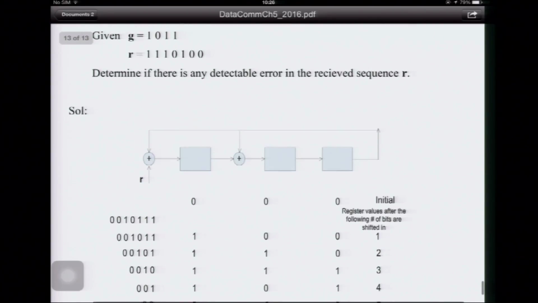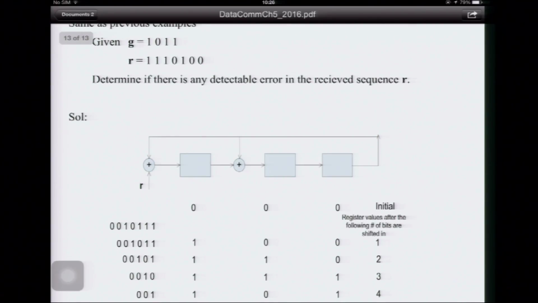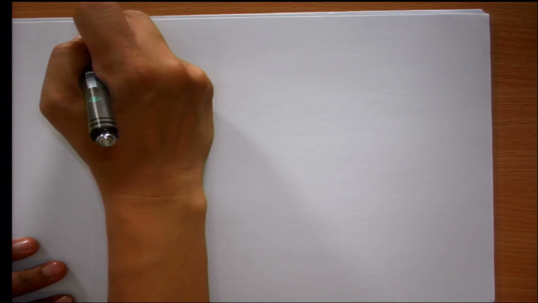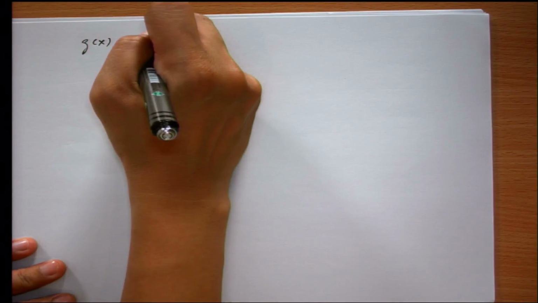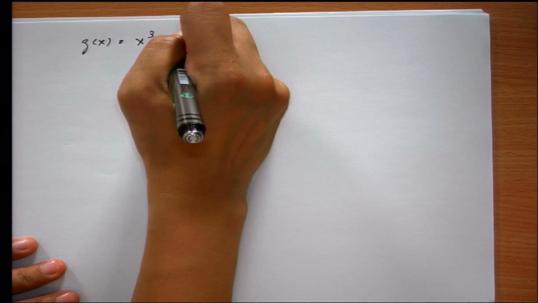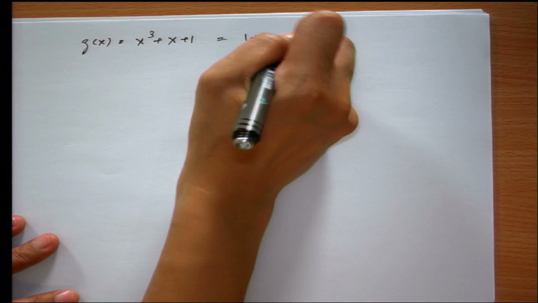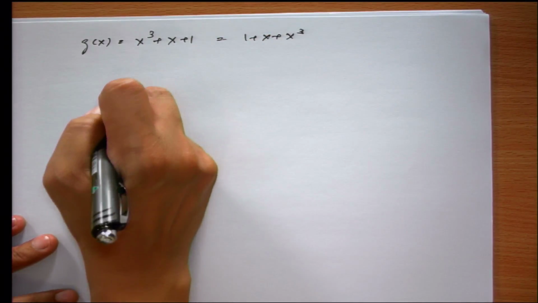In this case, R is 1110100. You always put the most significant bit into the circuit first. I will show you. Again, this is the same code, so G is the same. Gx is x cubed plus x plus 1, or 1 plus x cubed if you want to write it in the circuit.